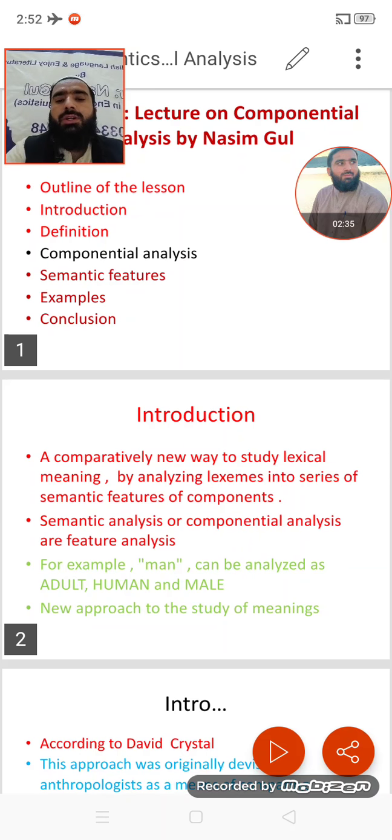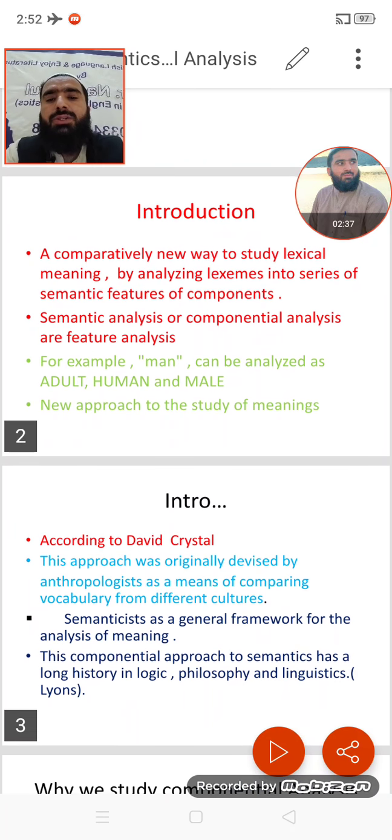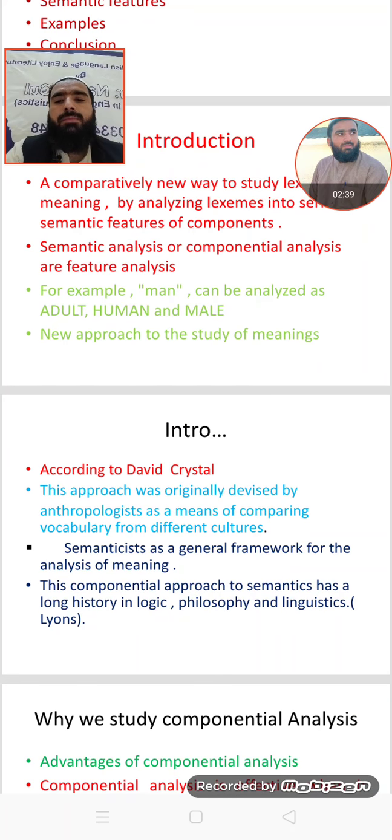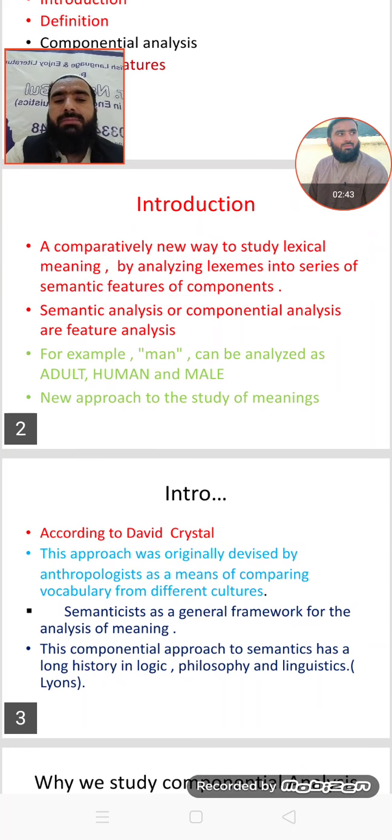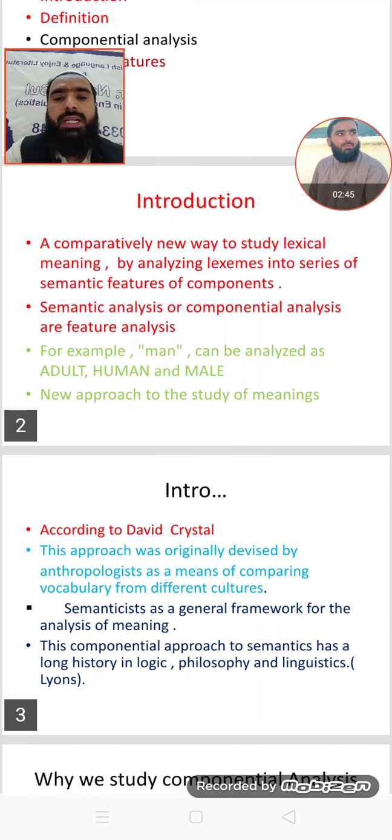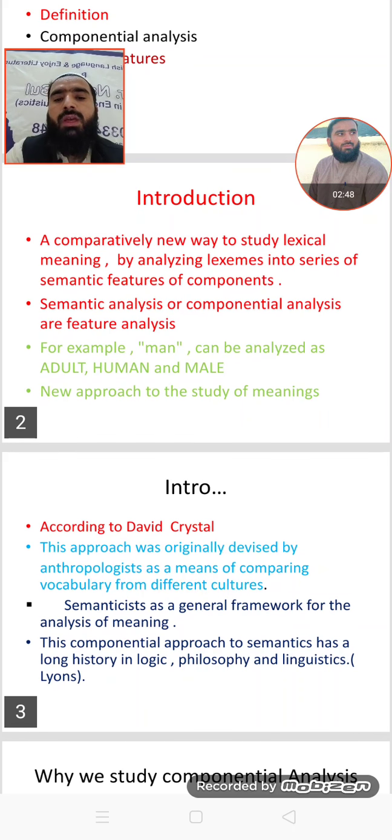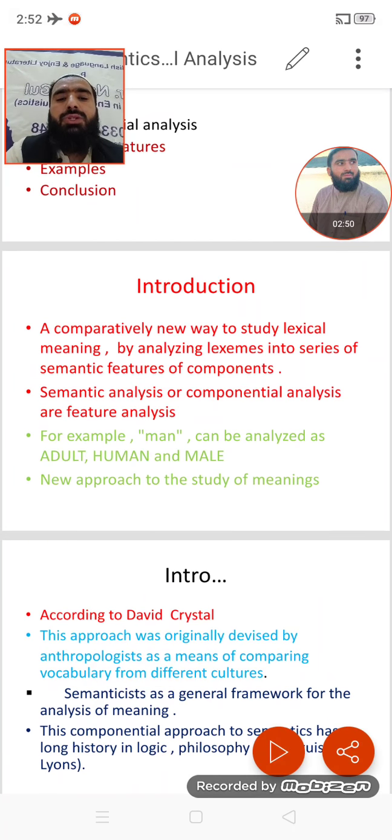This is the introduction. This is a comparatively new way to study lexical meanings, to study the meaning of lexemes by analyzing a lexeme into a series of semantic features or components. So this is a new approach towards the study of lexical meanings.